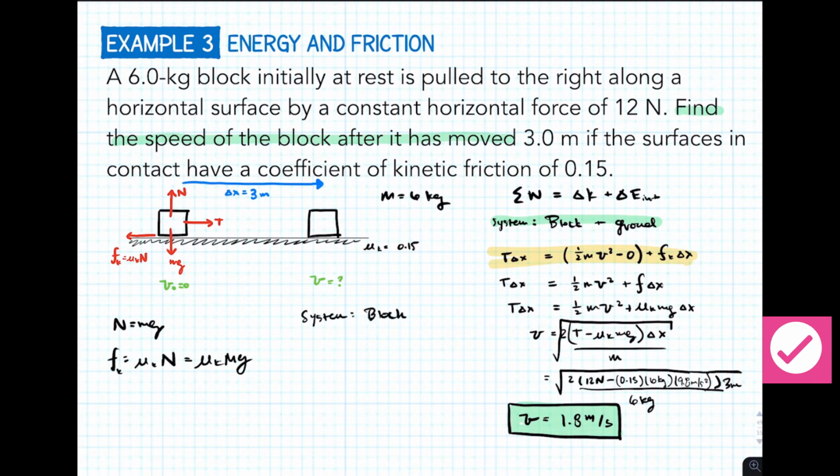Okay, now which forces are considered outside work? Friction and tension, okay? So on this side of the equation, instead of tension, it would look like tension minus friction, delta x is equal to 1/2 mv squared minus 0, okay?